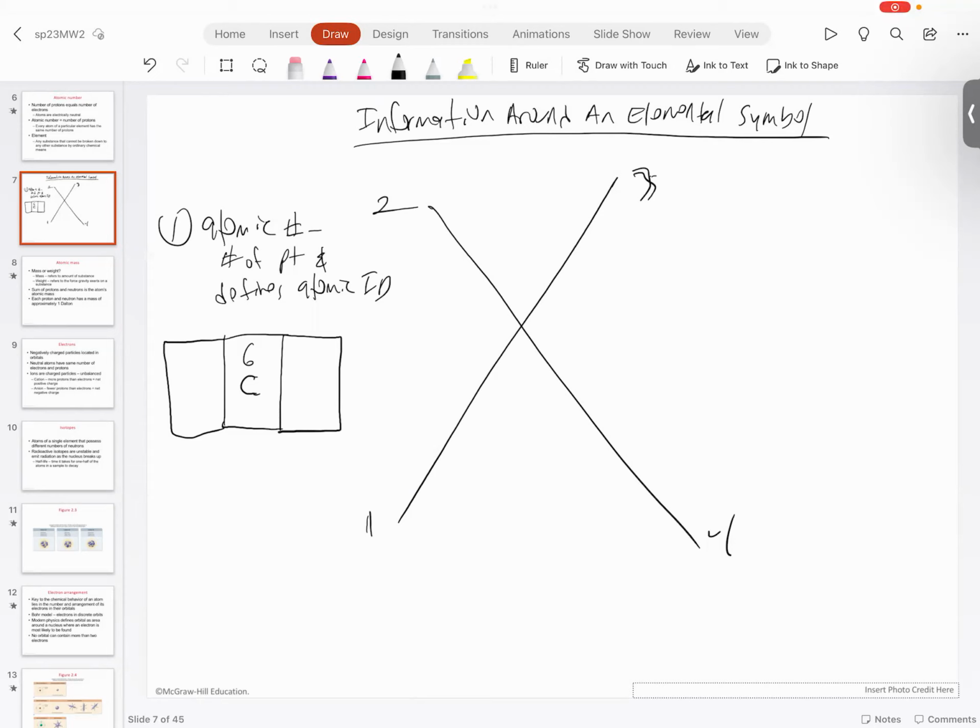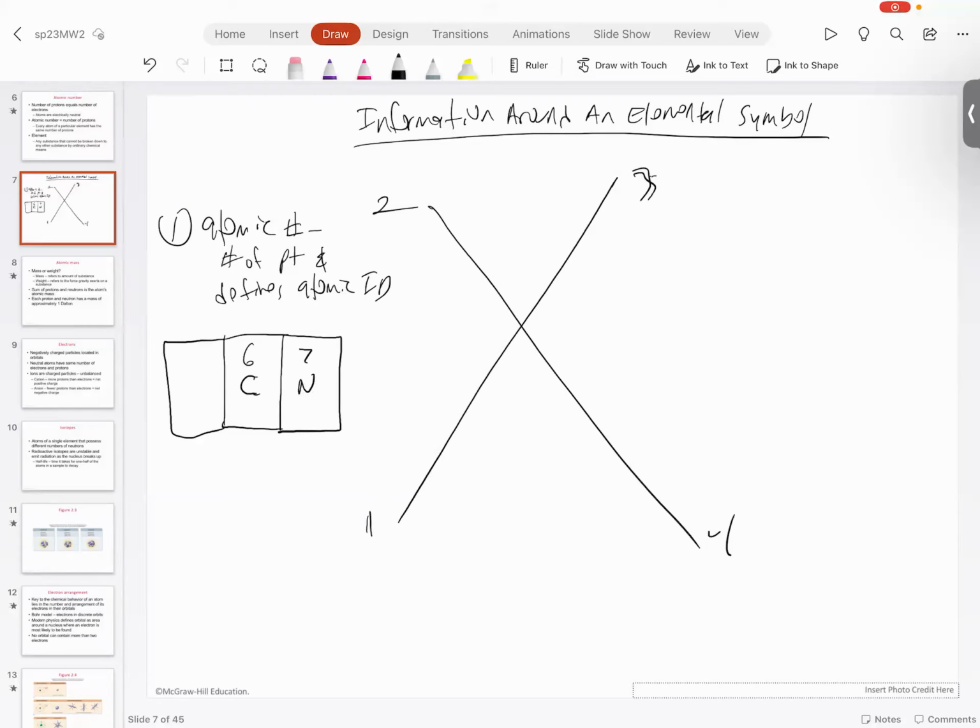Okay, what happens if I add a proton? Am I still carbon? Well, just stick with that one. If I add 1 proton to carbon, which has 6 now, am I still carbon? What have I become? Yes, right? Because nitrogen has 7 protons.